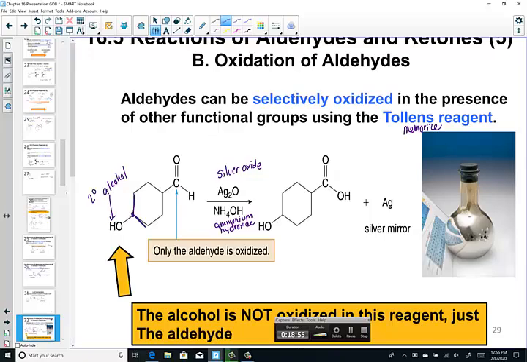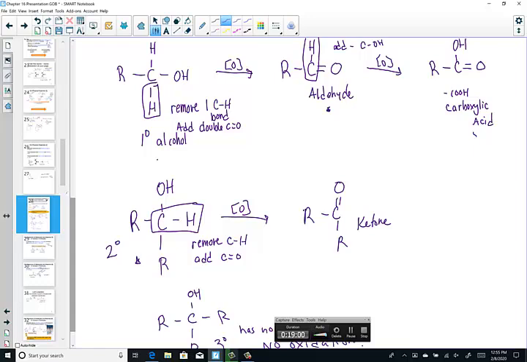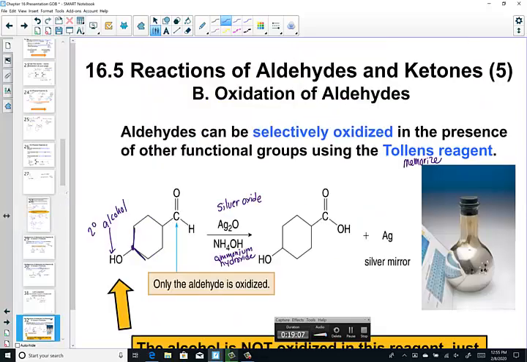And do you remember just a short time ago how I talked to you about secondary alcohols can be oxidized into a ketone? That is a very valid reaction mechanism. But we can use a specialized reagent to selectively oxidize aldehydes only and leave the alcohols untouched. So the aldehyde converts into a carboxylic acid, but the alcohol did not react.